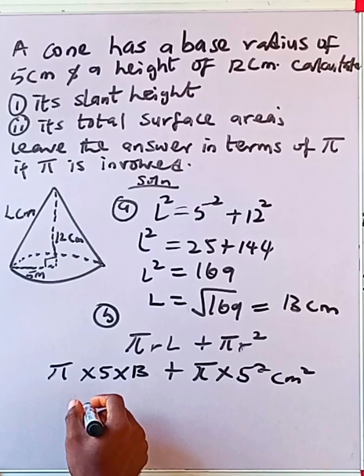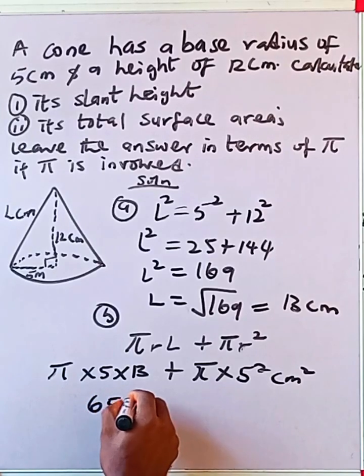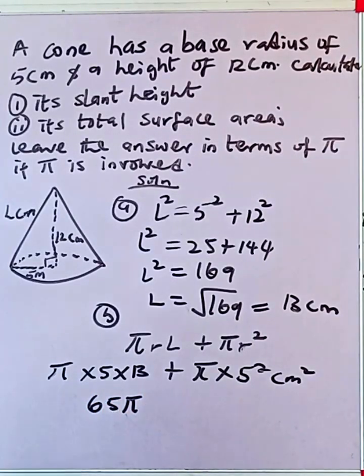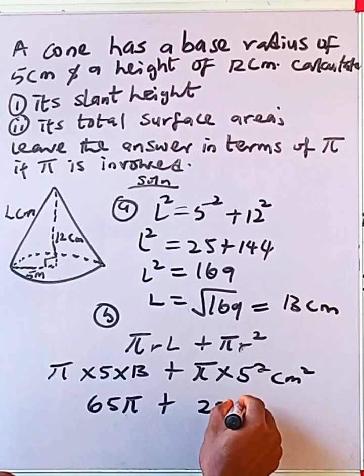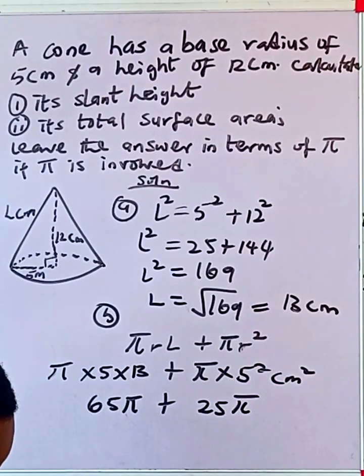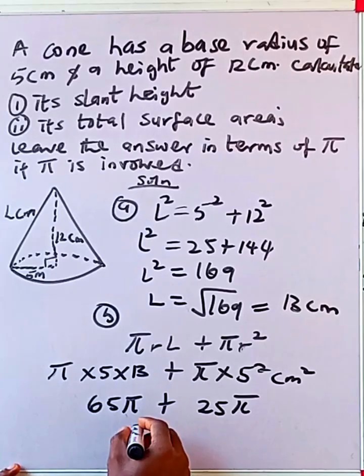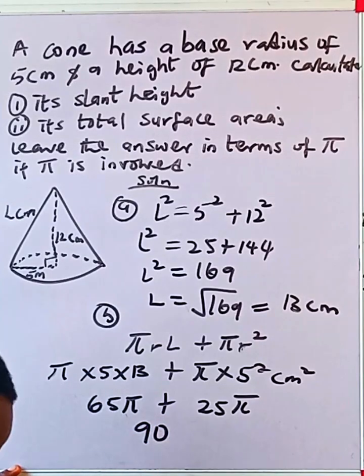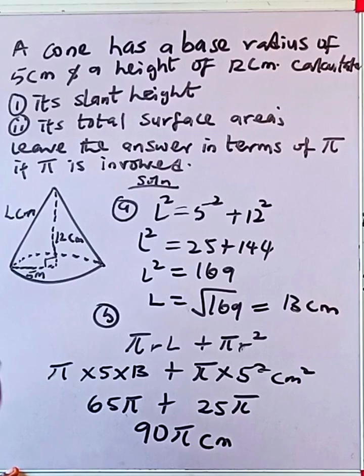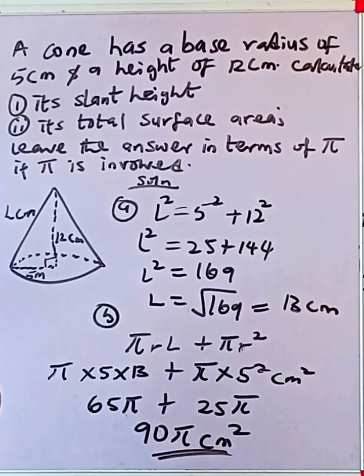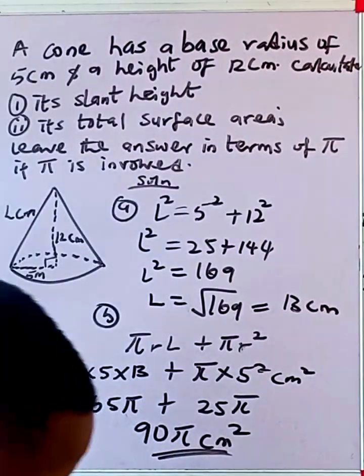This times this will give us 65 pi, plus 5 squared will give us 25 pi. So this plus this is going to give us 90 pi centimeters squared. Alright guys, so this is how to solve a question that has to do with a cone.